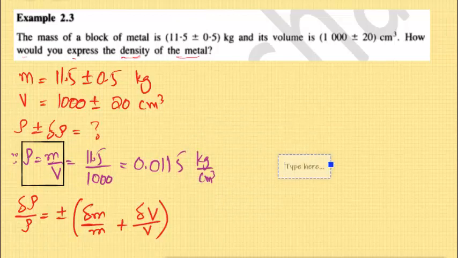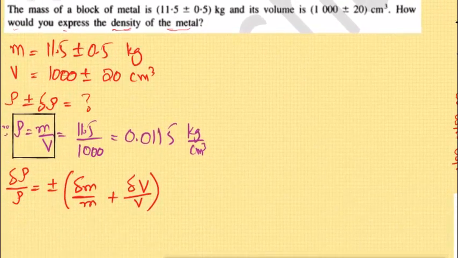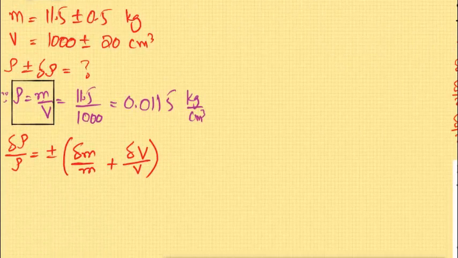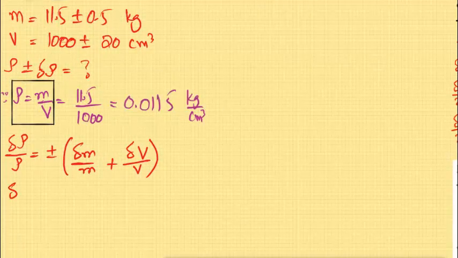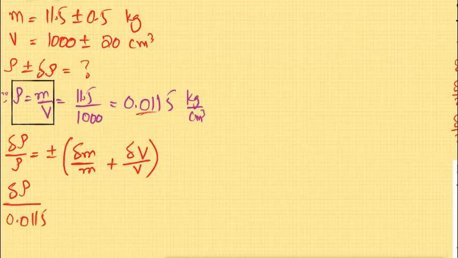Now if I further try to solve this, you can see that I don't know the error in density, but I know the value of density here, which is 0.0115. So in place of density I can write 0.0115. I have written the error in density as it is. I have written nothing in place of it because this is something that I need to calculate.